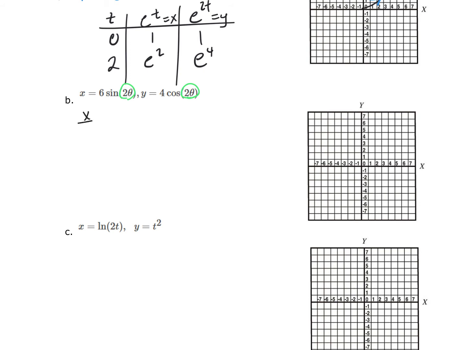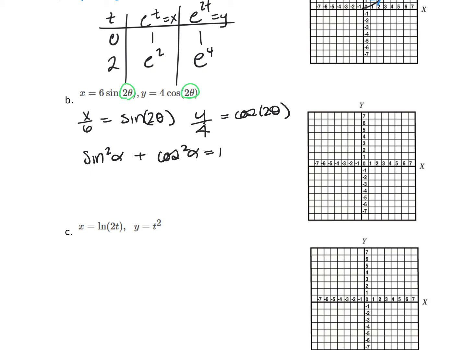So I have x over 6 is equal to the sine of 2 theta, and y over 4 is equal to the cosine of 2 theta. Now we also have this other rule that says the sine squared of some alpha plus the cosine squared of some alpha is equal to 1 all day long. That's true. It's a Pythagorean identity from pre-calculus 2.